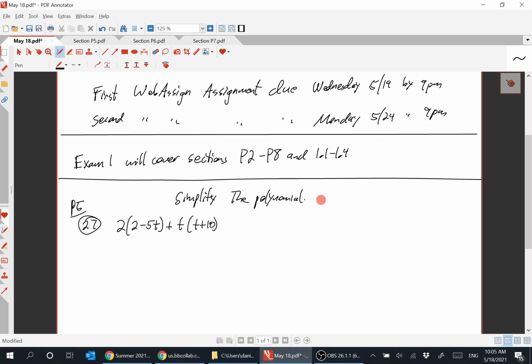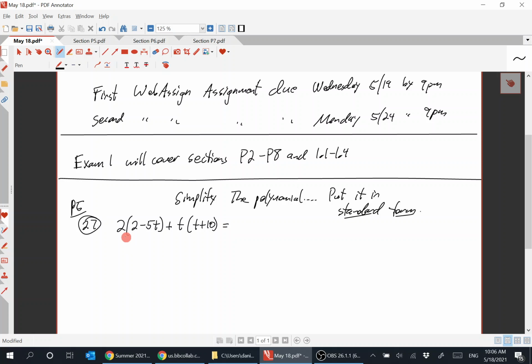All right, put it in standard form. Standard form, they don't say what it is in the book, but what I mean by it, and what pretty much everyone else does, is to write it as a sum of monomials. Okay, so this right now is not a sum of monomials.